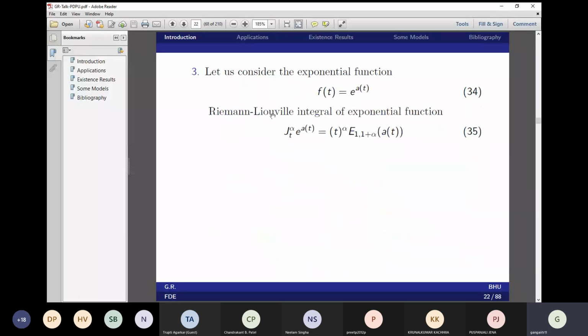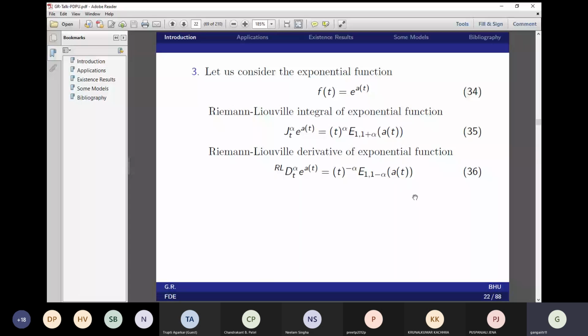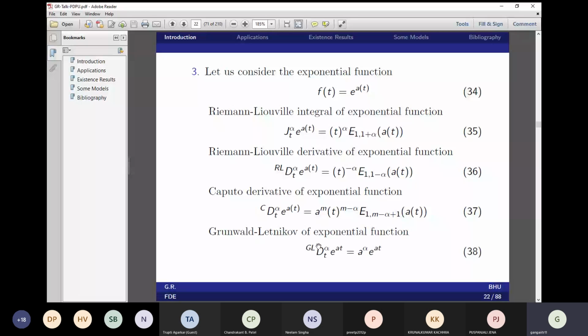The Riemann-Liouville fractional integral of an exponential function will be in terms of the Mittag-Leffler function, and the Riemann-Liouville derivative of the exponential function will also be in terms of the Mittag-Leffler function, and likewise the Caputo derivative of exponential functions. The Grünwald-Letnikov exponential function is defined by equation number 8.